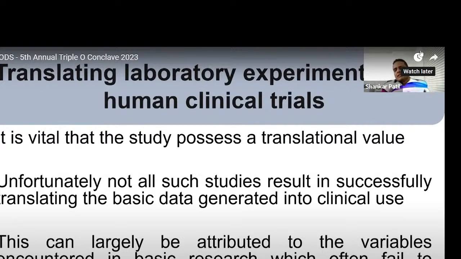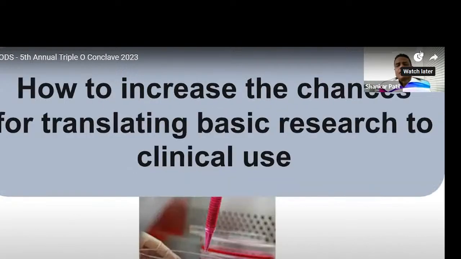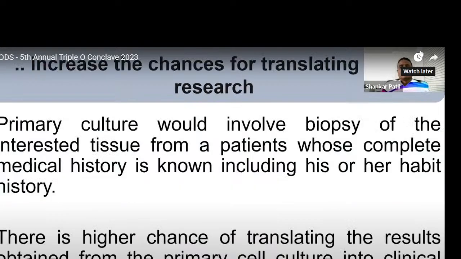Because with this biopsy tissue, you know the age of the patient, the gender, and what habits that patient had. So it gives a real-time situation. Nowadays the journals don't give much importance to studies on cell lines.